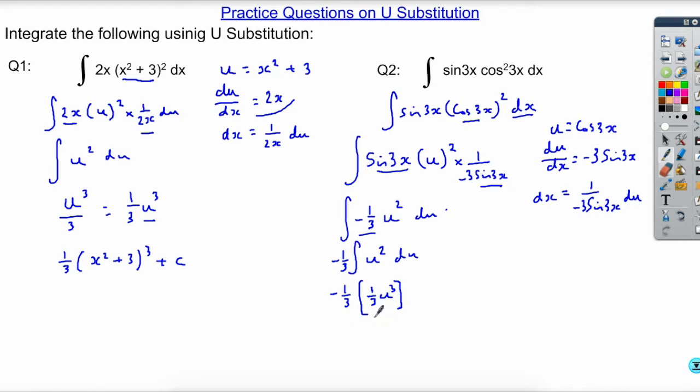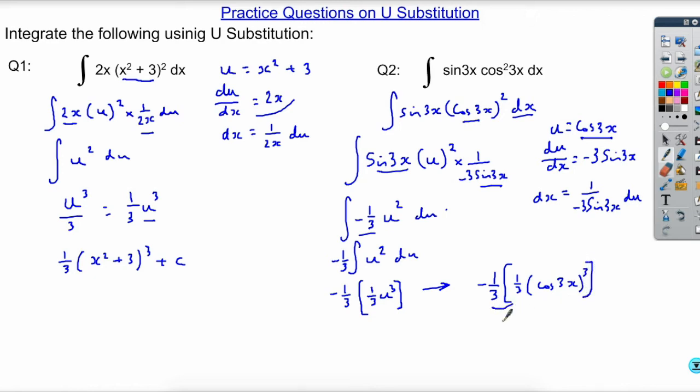And now all I need to do is replace my u with the cos 3x from my initial substitution. So I end up with minus 1/3 times 1/3. U, remember, was cos 3x cubed.